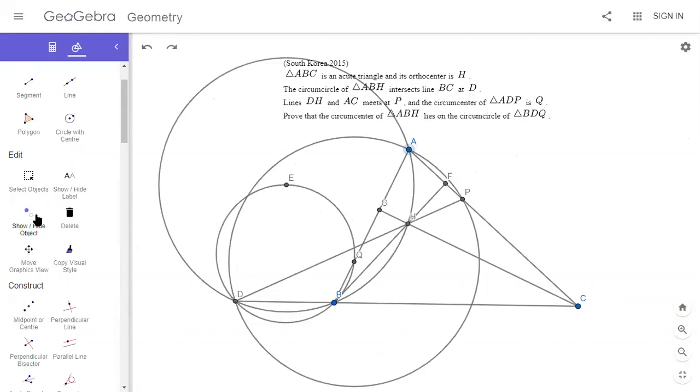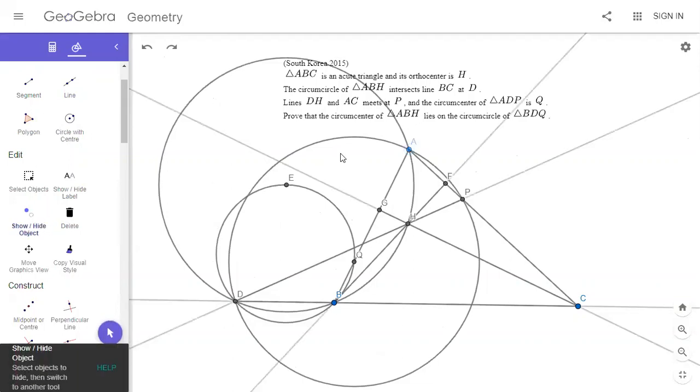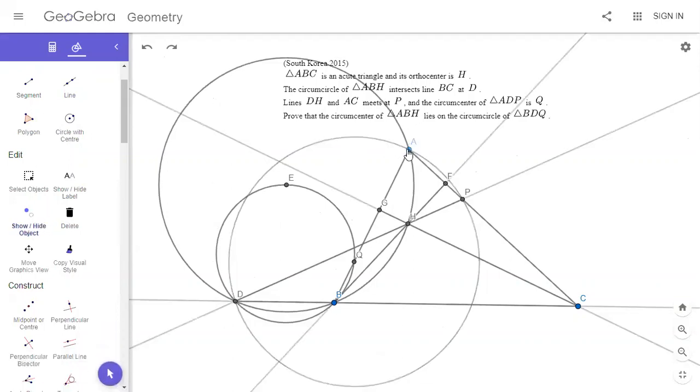So yeah, let's redefine things a little bit. Basically, I want to show that Q is the circumcenter of ADP.